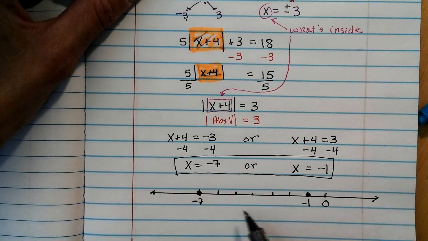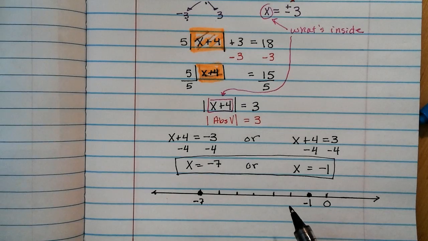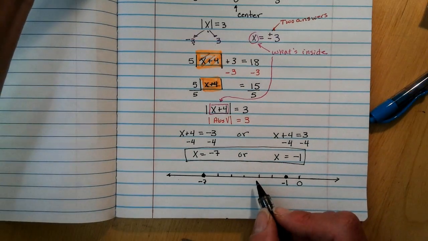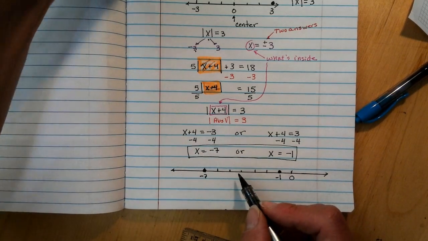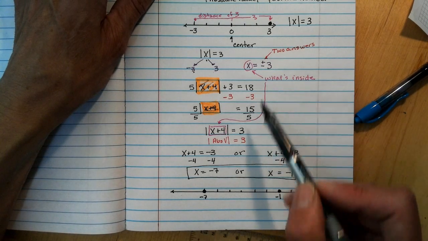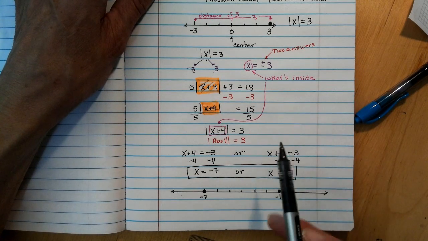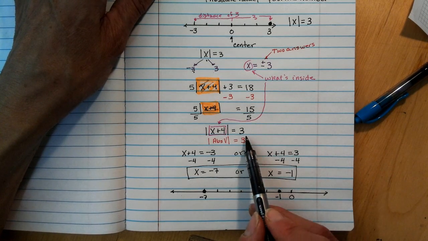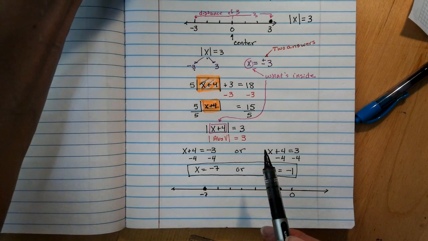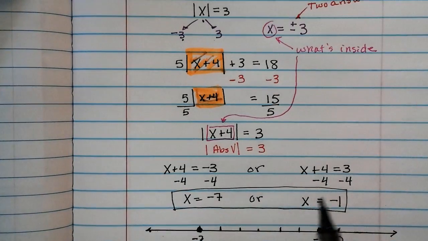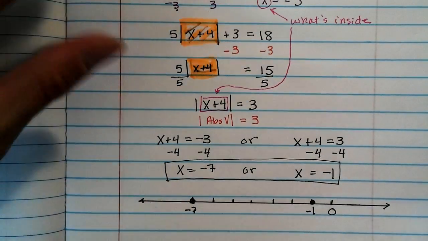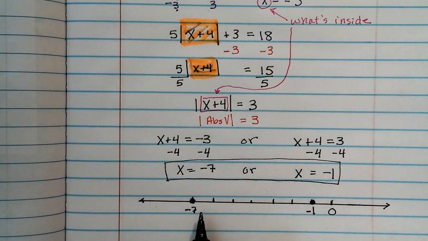Well, why did we get a different number line and a different answer between this graph and this graph? Well, remember, we're talking about this outside number as the distance from the center. Okay, so that's why it's going to look different, the distance from the center. So the distance from the center is 3.